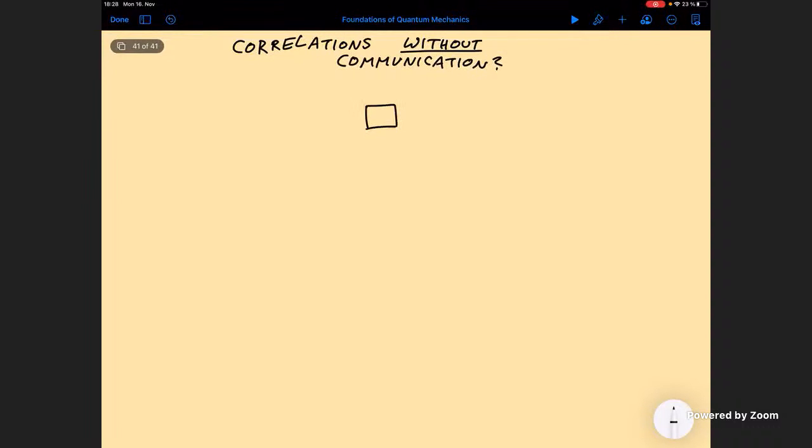So here's your source. If you look into these clouds that seem to be emitted, where it was a little bit uncertain what they represent, if you look at them more closely, you'll find there are objects being emitted. For example, a triangle. If a triangle is emitted to the left, a triangle is also emitted to the right.